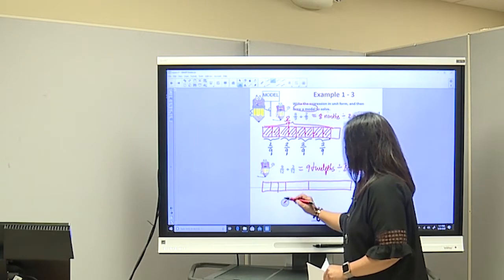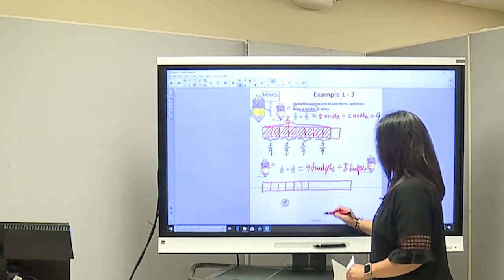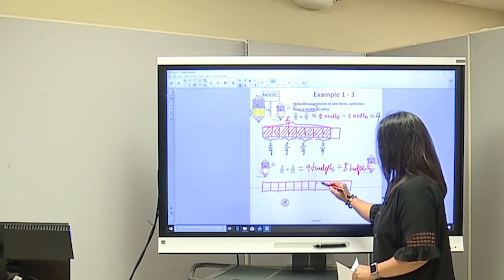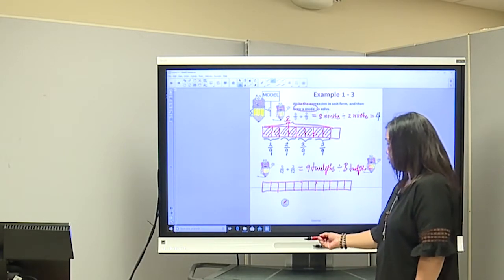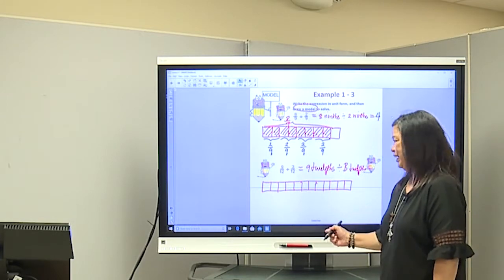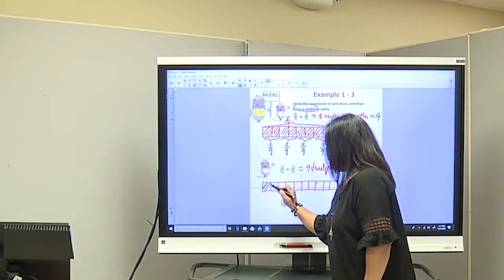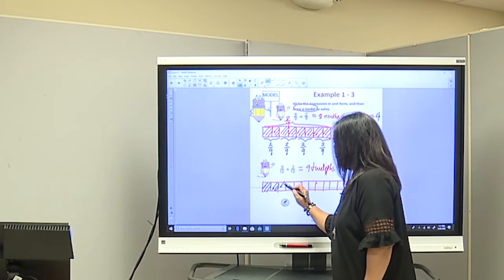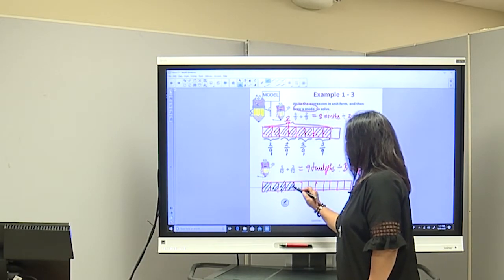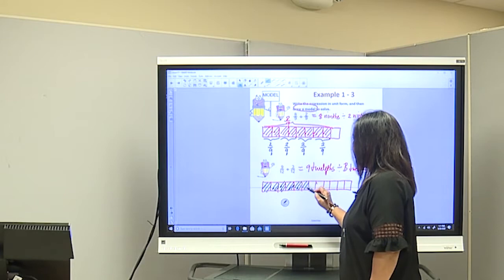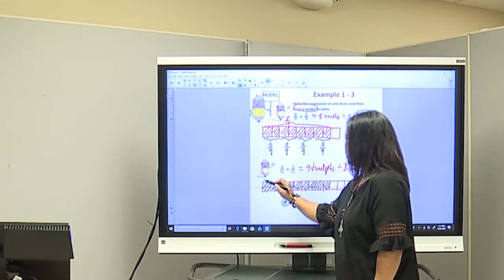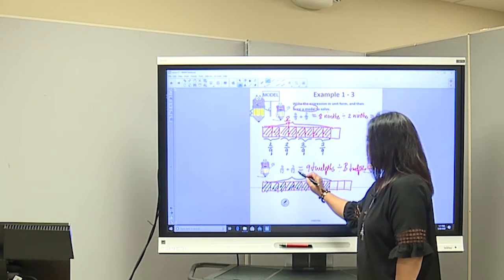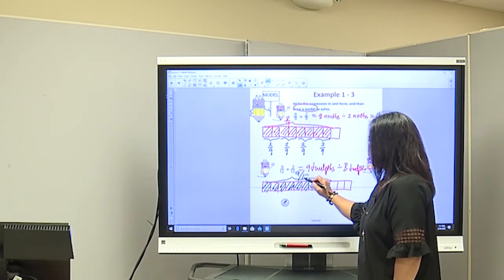So that's 1, 2, 3, 4, 5, 6, 7, 8, 9, 10, 11, 12. So how many do we need? We need 9 twelfths. 1, 2, 3, 4, 5, 6, 7, 8, 9. So this part that I just shaded represents 9 twelfths.